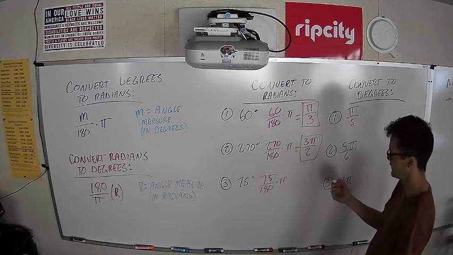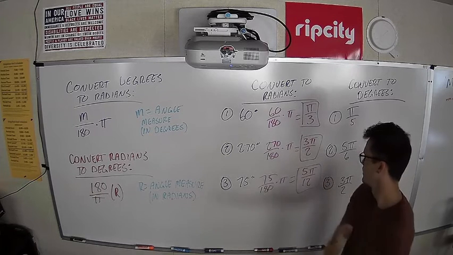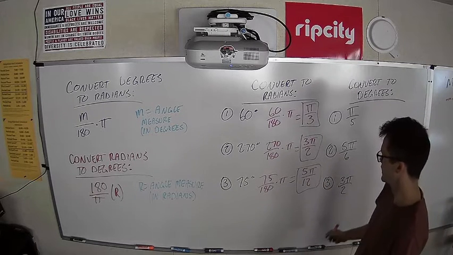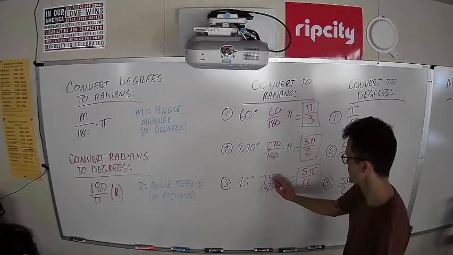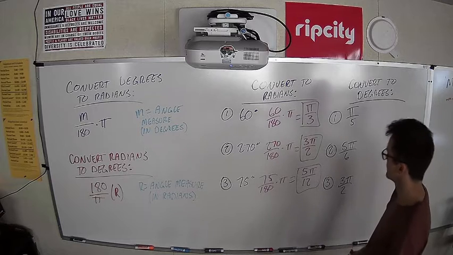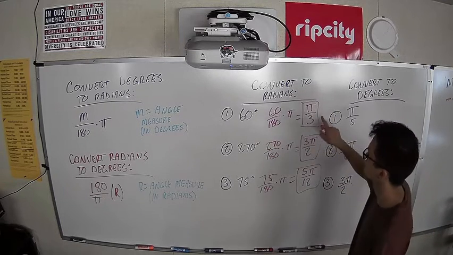It ends up being 5 over 12. So it's 5 pi over 12. So that's telling us that 5 goes into this 10, 15 times. So 15 goes in each of these. Okay, cool. All right, so that's how to convert from degrees to radians.